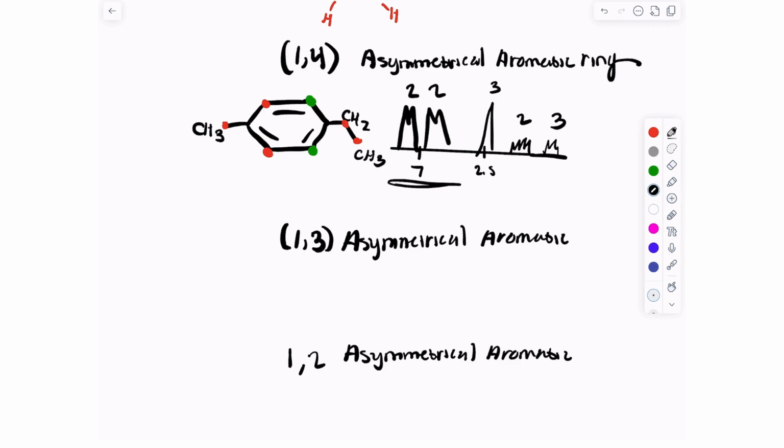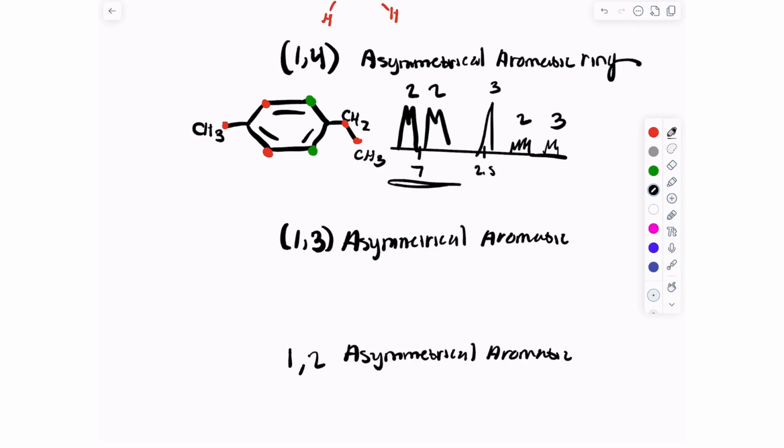So if you see a problem and you don't see these identification cues, you know that it's not going to be 1,3 and it's not going to be 1,2. So it'd have to be 1,4, or it would have to be an aromatic ring with just one group coming off of it.